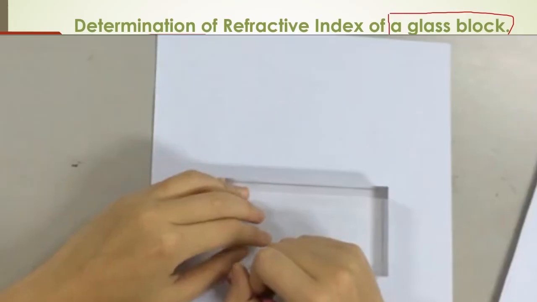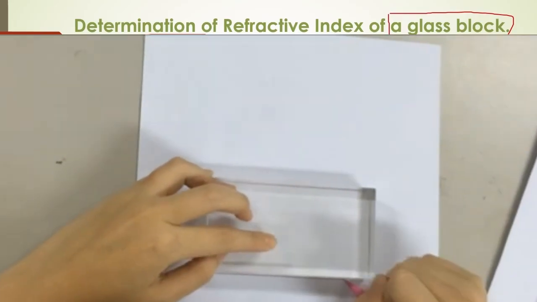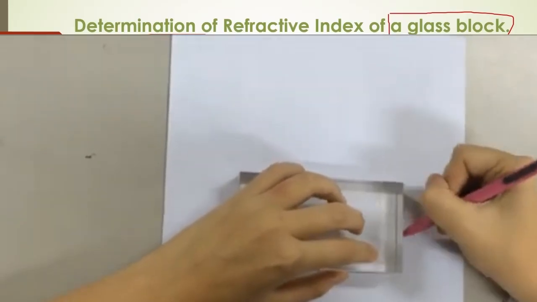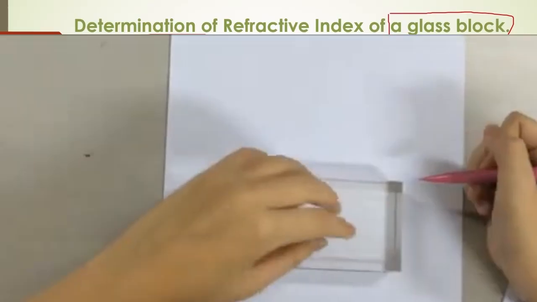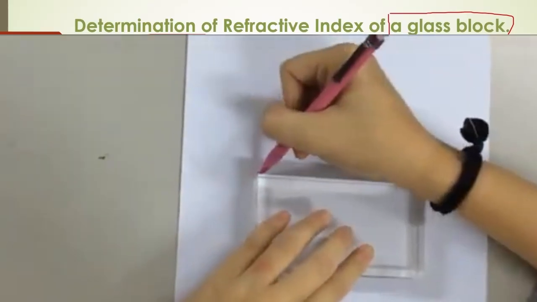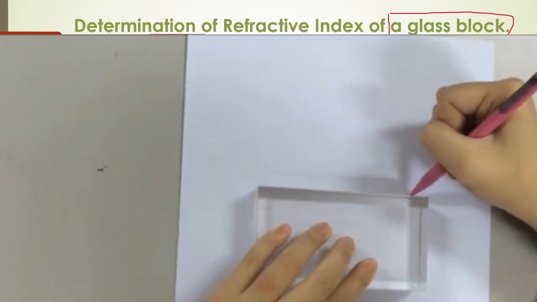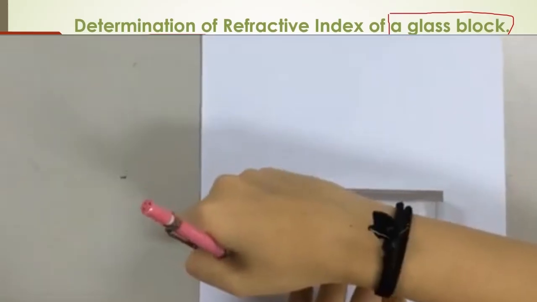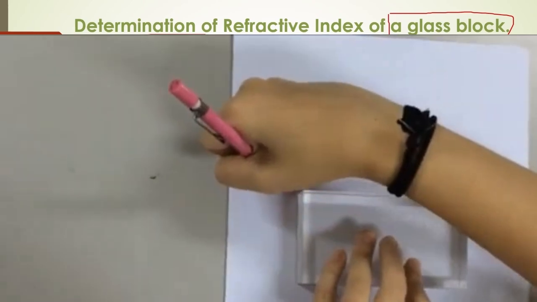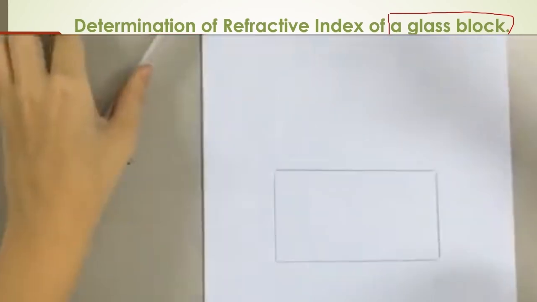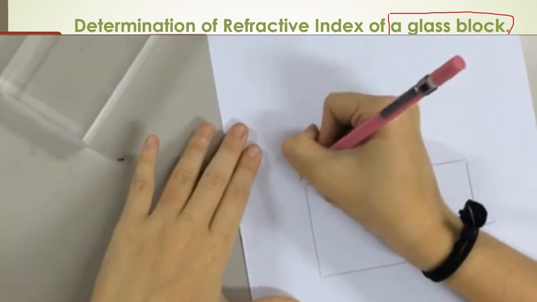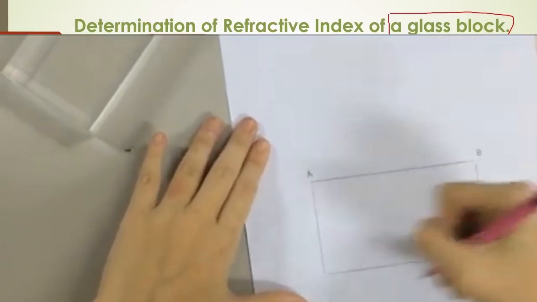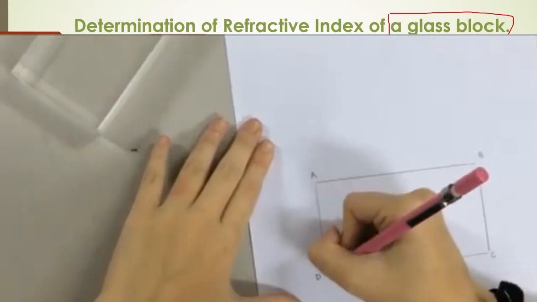After placing the glass block, you trace its outline using your pencil and label it. We can label this corner as A, this edge as B, then C, then D. After labeling, you remove the glass block and draw a normal.